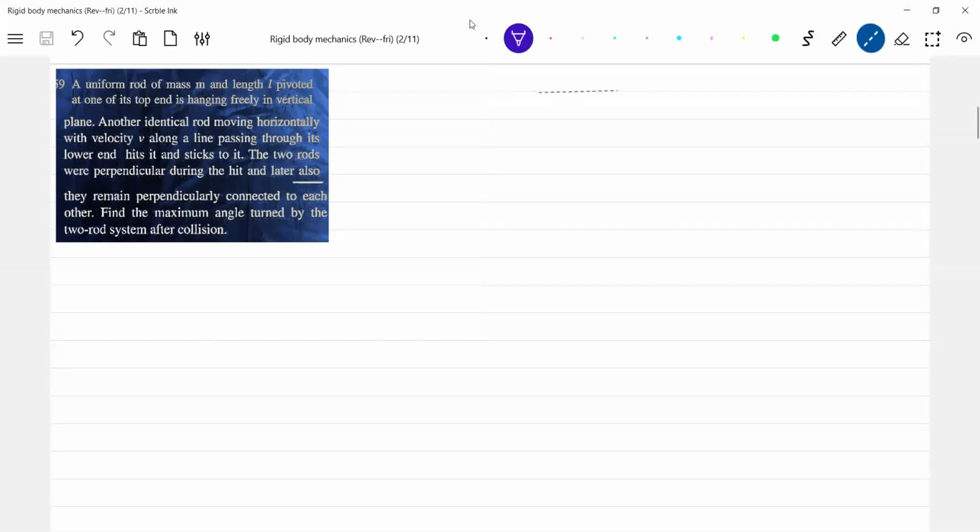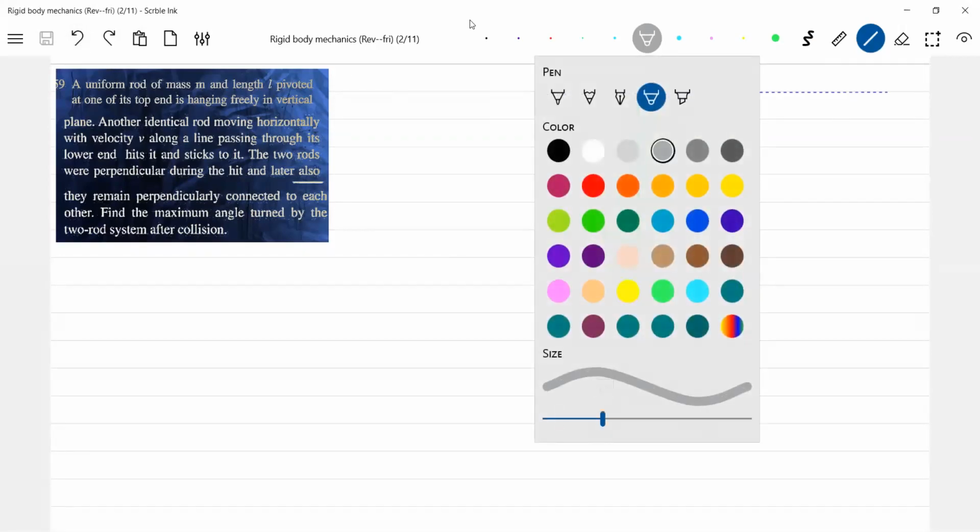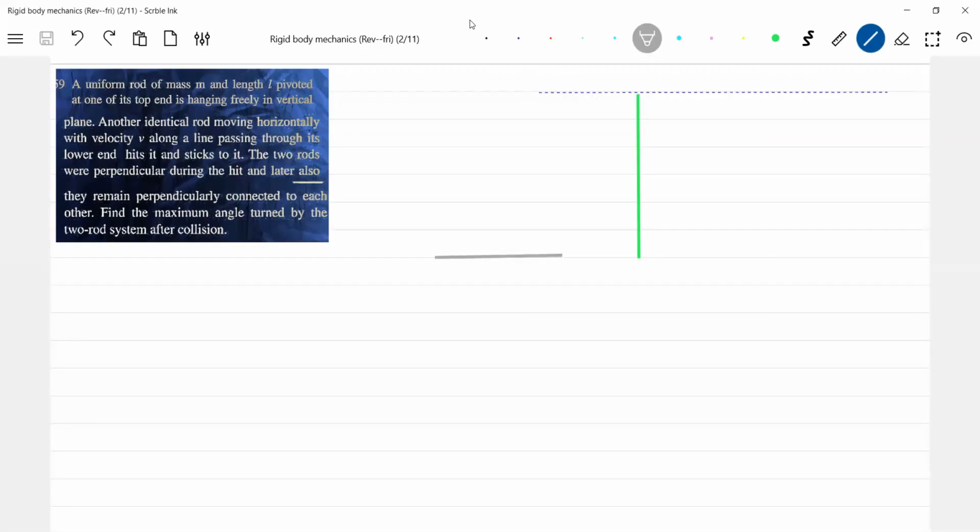Meanwhile, you try it. So there's a rod. So they'll collide.